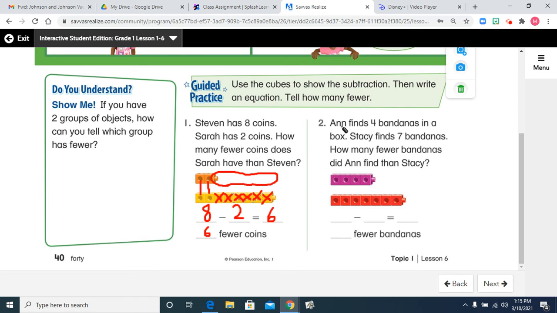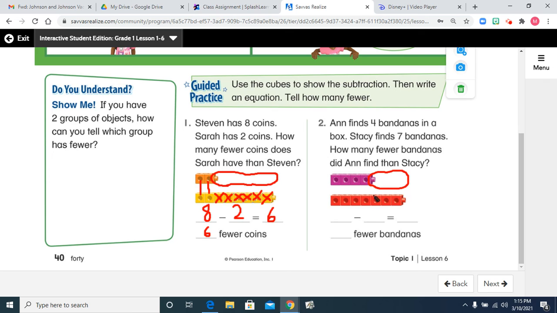All right, number 2 says Anne finds 4 bananas in a box. So these are the purple cubes, 4 bananas. Stacy finds 7 bananas, and that's represented by the red ones. 1, 2, 3, 4, 5, 6, 7. How many fewer bananas did Anne find than Stacy? Okay, so we're looking for how many fewer bananas Anne found than Stacy.